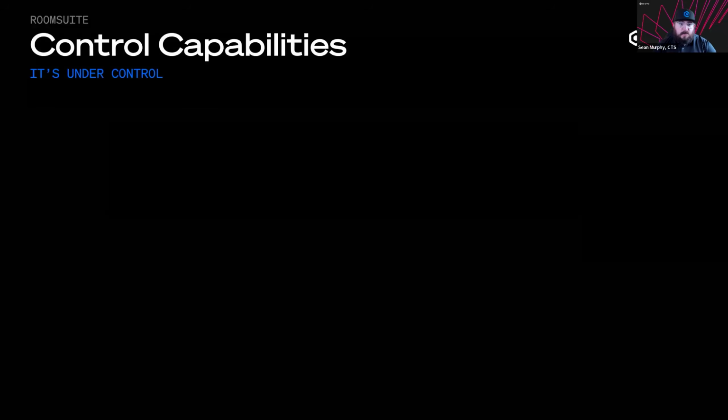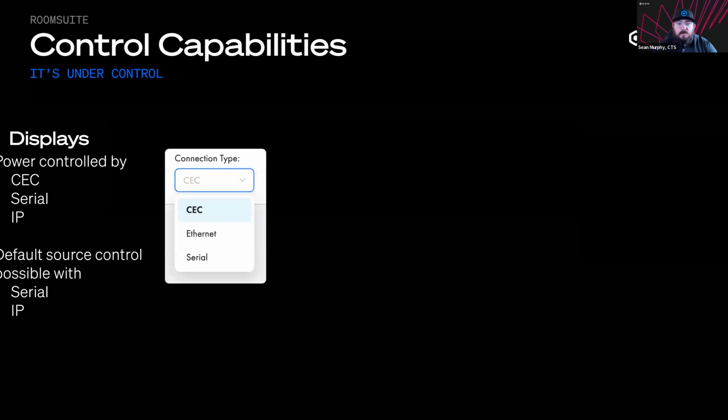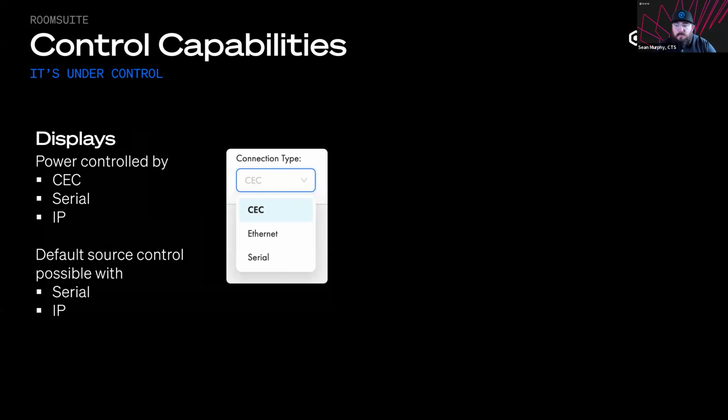So the control capabilities for the RMP 100. We do have the ability to control displays. CEC, serial, and IP are all available. And with serial and IP, you would just populate the specific commands for that display or displays in the Room Manager UI.